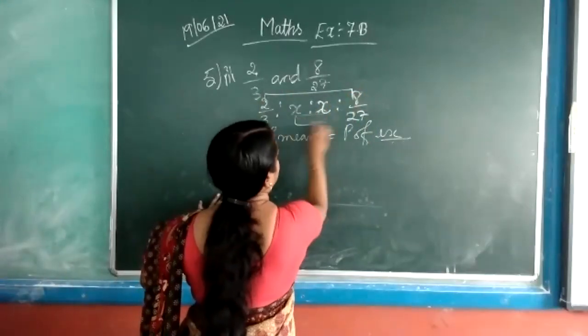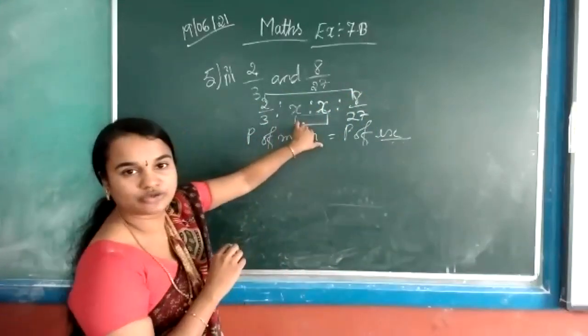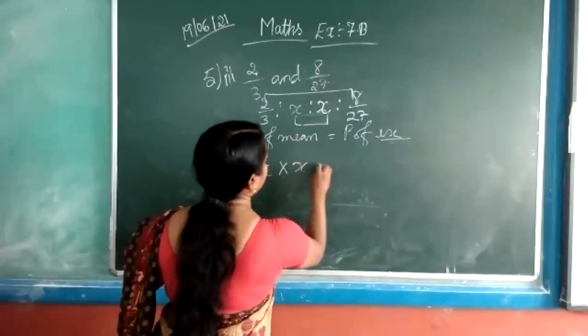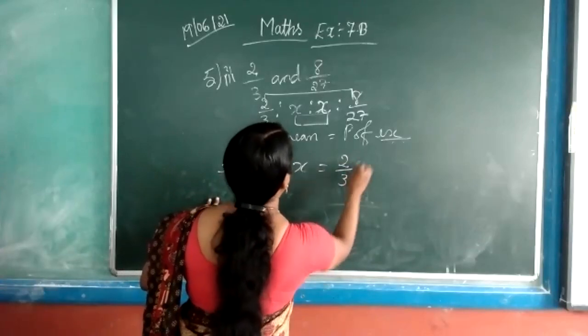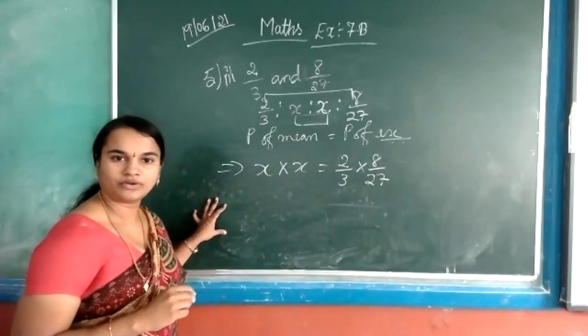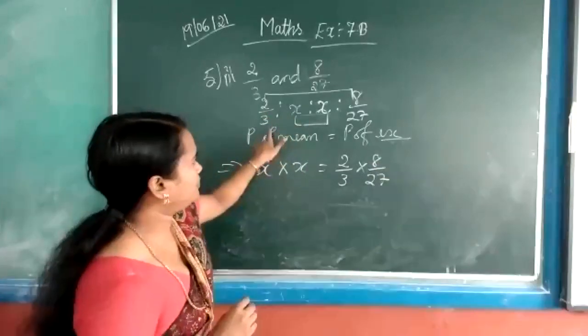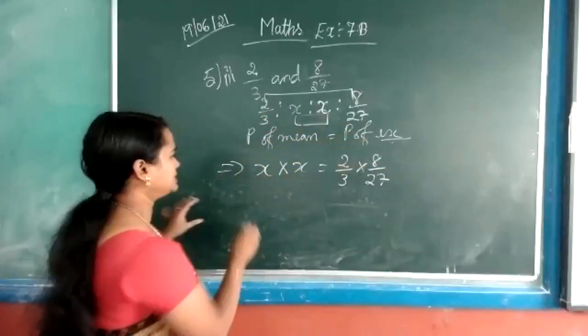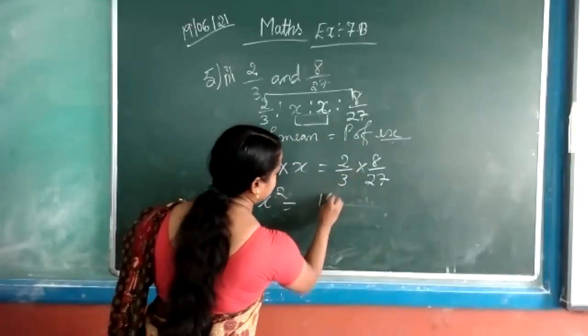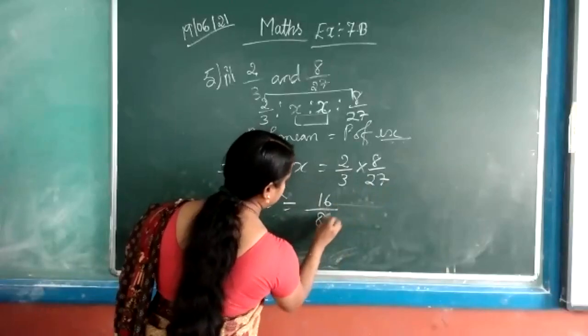Product of means equals product of extremes. That means x into x equals 2 upon 3 into 8 upon 27. That means x square: 8 twos are 16, 27 threes are 81.